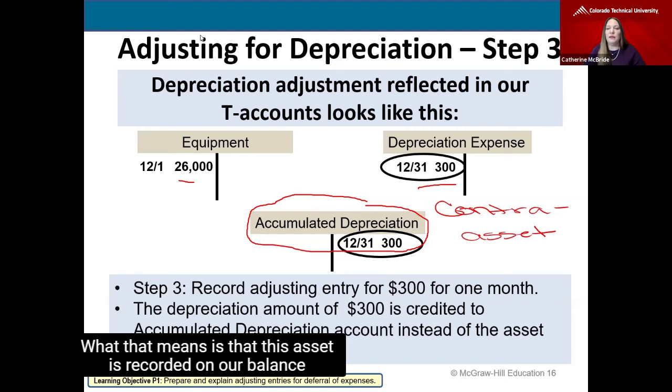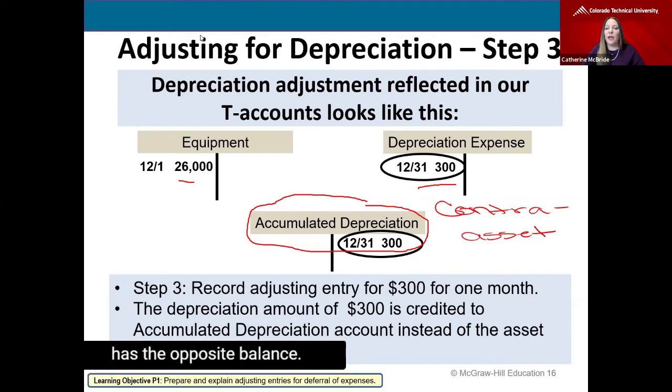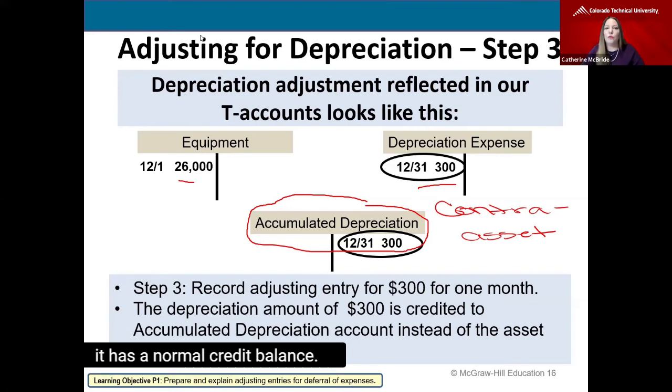What that means is that this asset is recorded on our balance sheet and it's linked to the asset it's related to, but it has the opposite balance. So instead of having a debit balance, it has a normal credit balance.